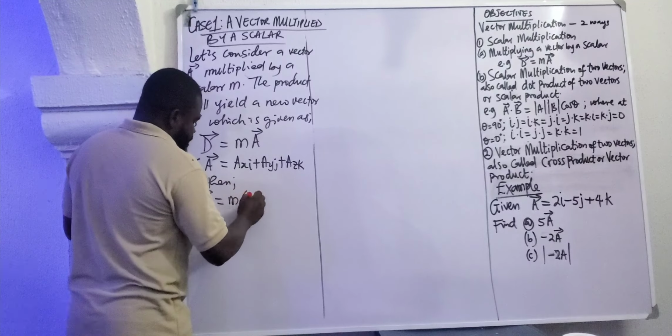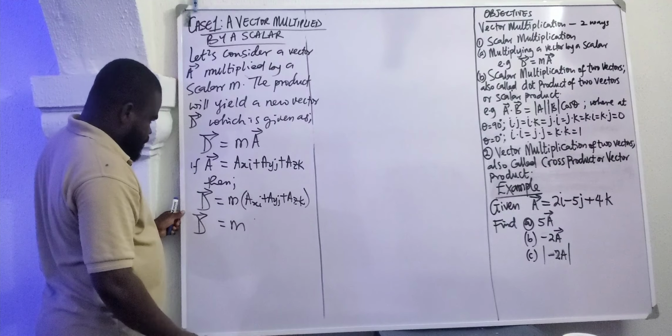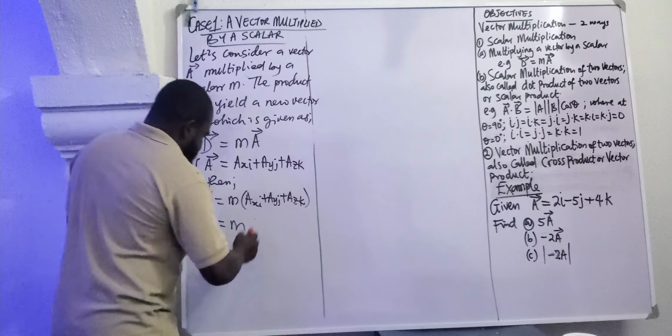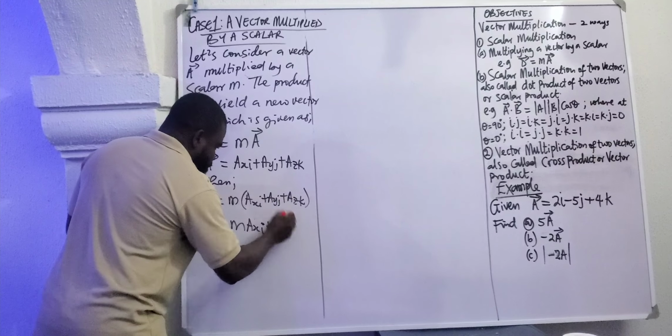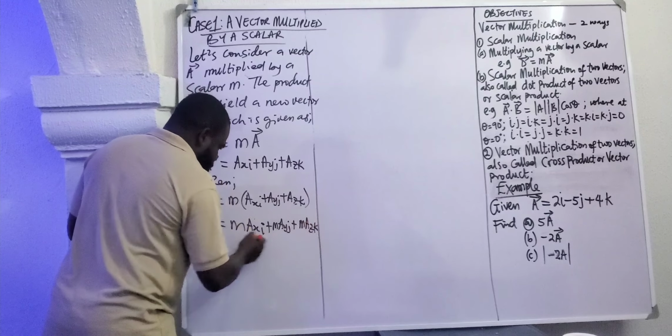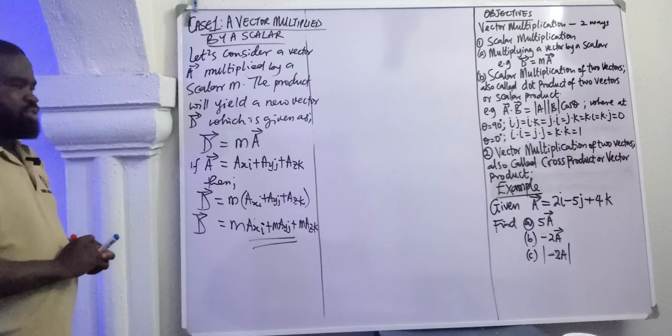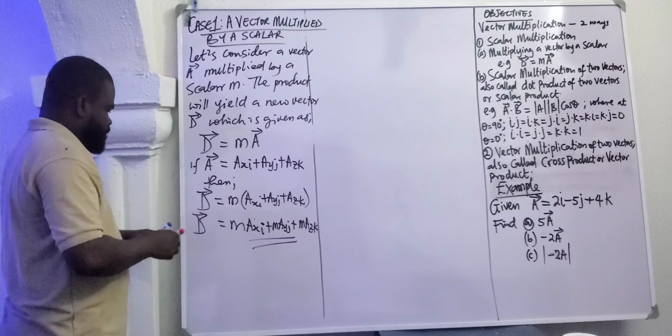That will give you that the vector D, the new vector, is M. We multiply all the components. So M will multiply AX, give you MAXi, MAYj, MAZk. So this is also a vector because the unit vectors in the various directions are also there, telling you that D is a what? Is a vector.